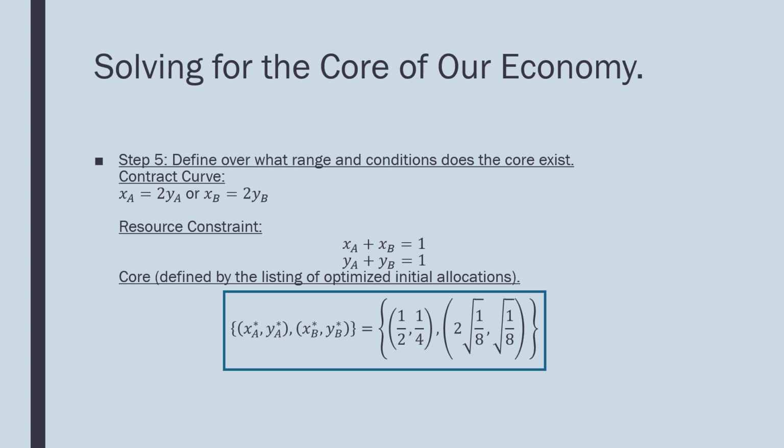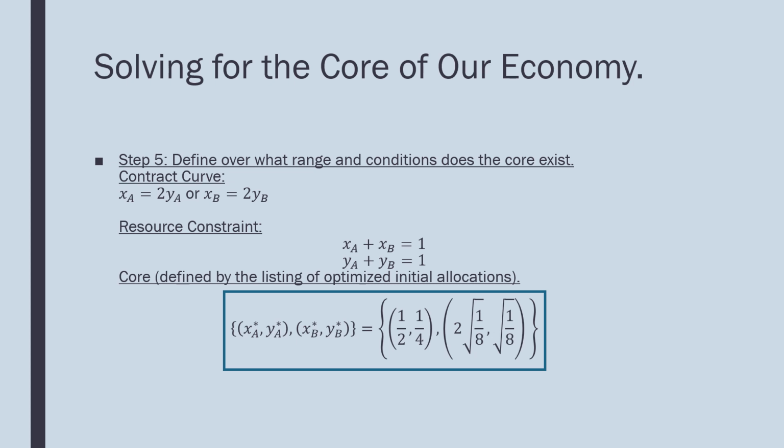So concluding with step number 5, we're going to define now over what range of conditions the core exists. So we have the contract curve from either consumer A or consumer B's perspective, which is going to be defined as X is equal to 2Y, just overall across the board. We're just going to change the subscript to denote whose perspective we're seeing it from.